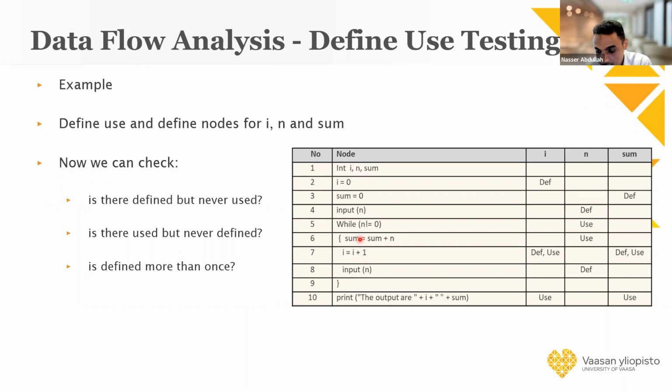Is it clear? Yes, somehow. Okay, again, as I told you, there are simple things that can be detected by the compiler. But if we don't have, for example, this sentence, and then we try to follow the data of the n variable, you will find that I'm now trying to use an undefined variable.